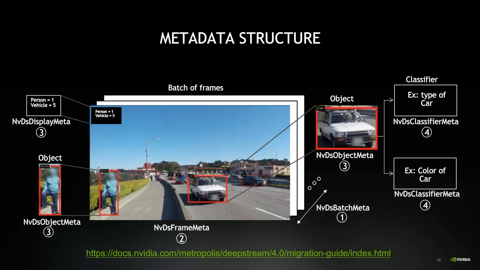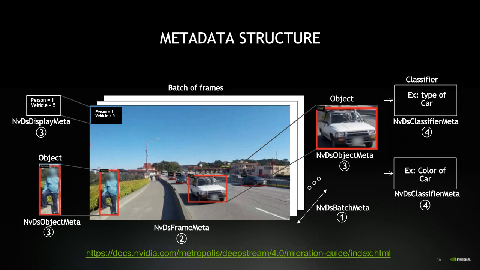From the frame meta, you can reference object meta and display meta, the third level of hierarchy. The number of object meta is equal to the number of objects detected in a frame. This metadata is created inside the NVInfer plugin. The display meta is for displaying boxes and text on the frame. From object meta, you can further reference classifier meta.